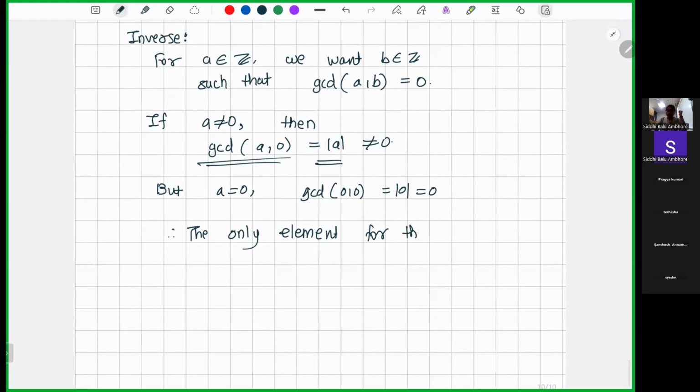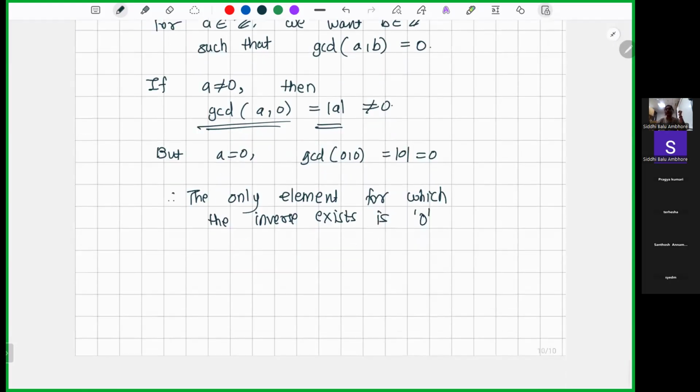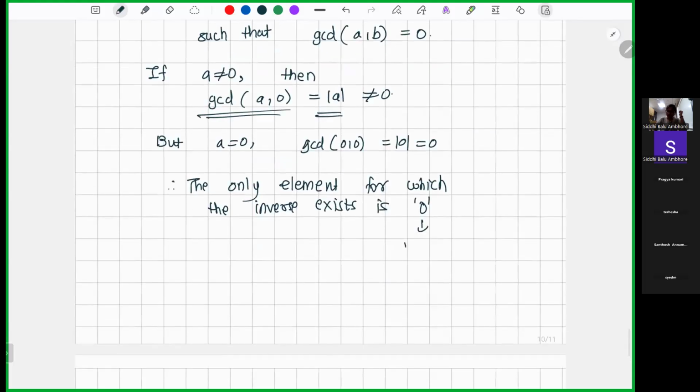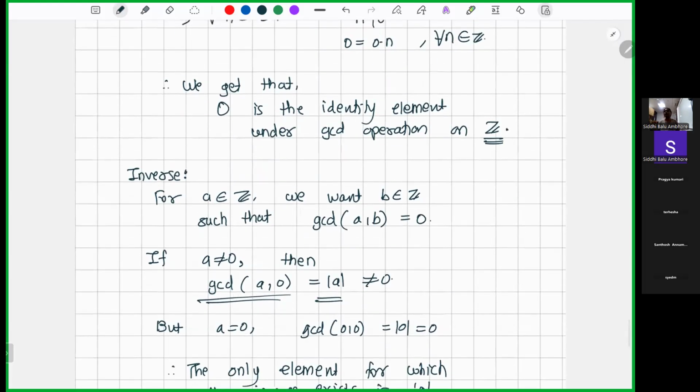And the only element for which the inverse exists is 0 itself, the identity. I hope this is clear now: when we were talking about the GCD operation on the set of positive integers, the identity element did not exist.